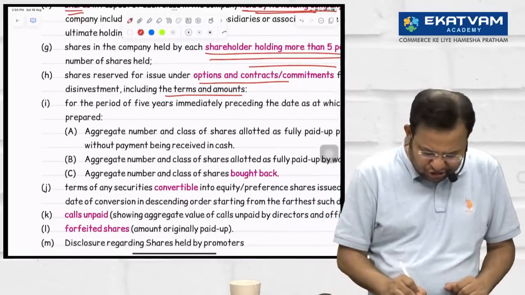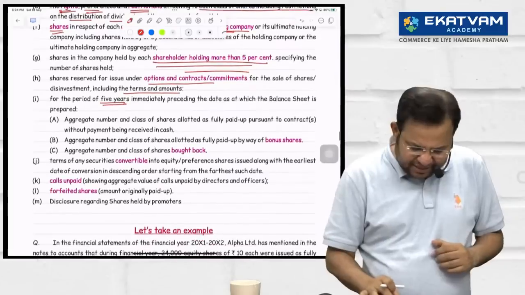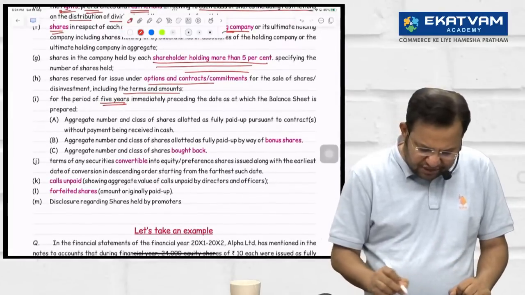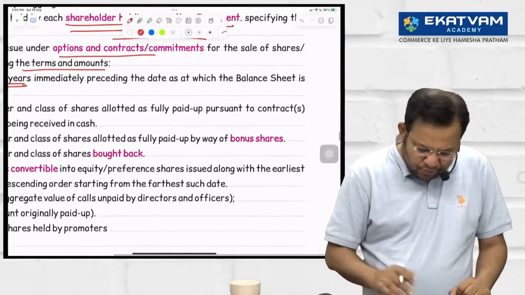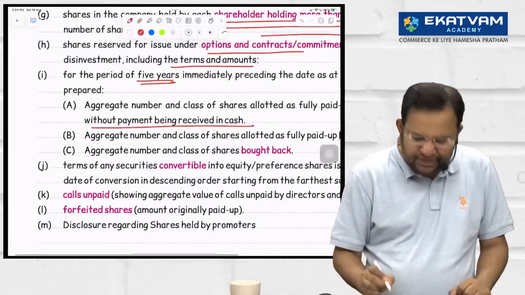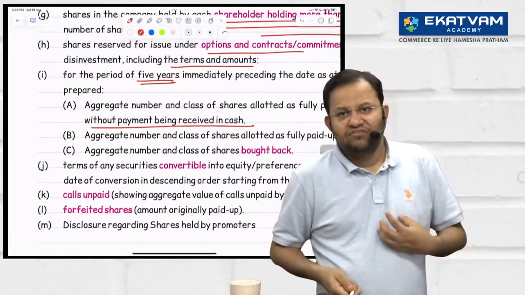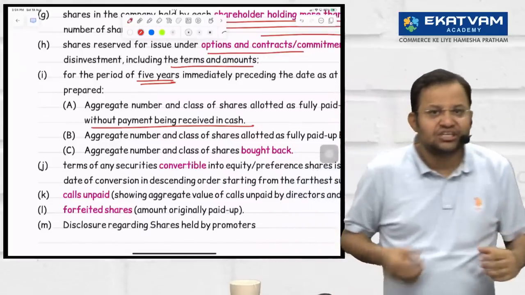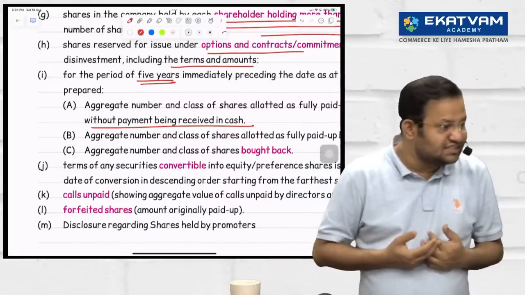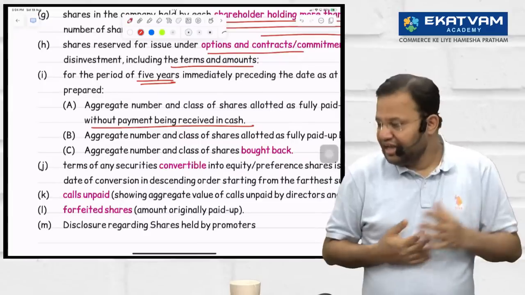Next important disclosure जो है, last 5 years में whatever shares you are given without payment being received in cash. Shares can be issued for a consideration in cash, shares can be received for a consideration other than cash.